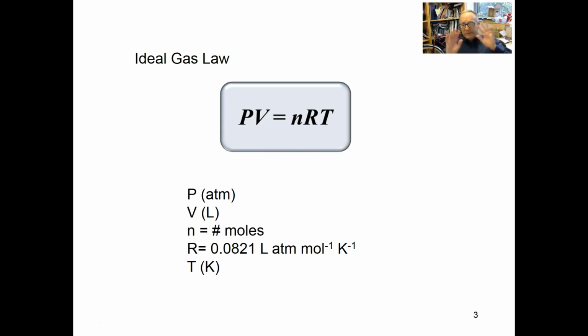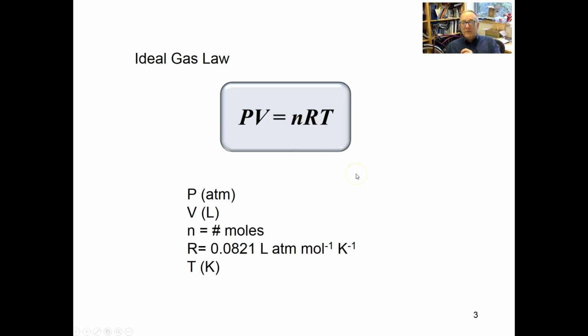And so in our everyday conditions that we're working at in the lab, the ideal gas law works fine. However, if you're at really high pressure and really low temperatures, gas molecules can exert some attractive forces on one another, and their volume may not be negligible anymore.